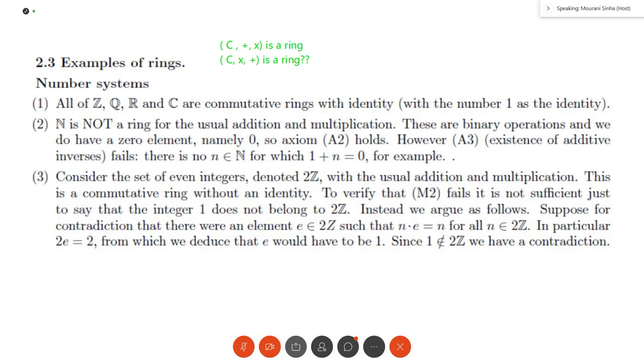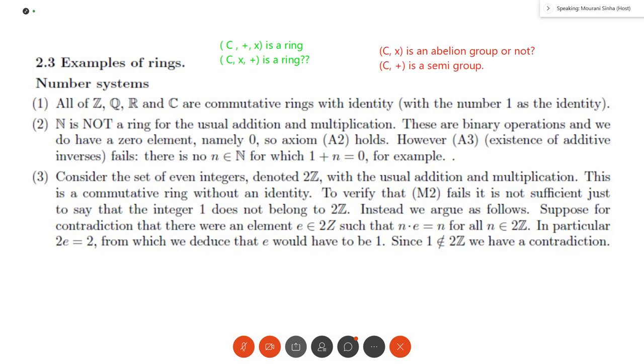Associative is also holding, no problem. Identity and inverse both are holding in the complex numbers except 0. Division by 0 will not happen. The multiplicative identity is 1, there is no problem in that.